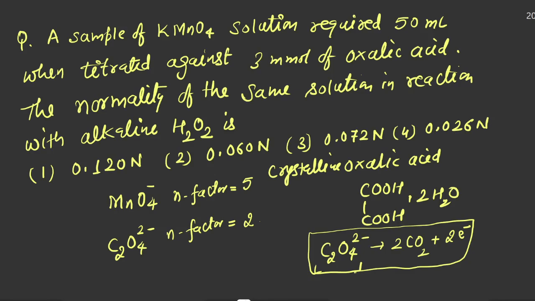So again we have KMnO4 and oxalic acid. Here let us take N1 as the normality of KMnO4 into the volume of KMnO4. But in the case of oxalic acid we have moles.